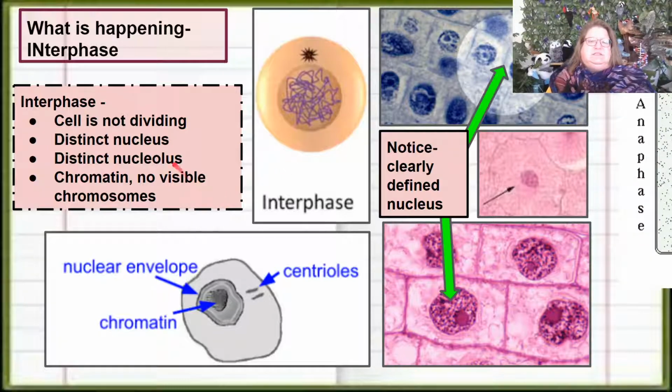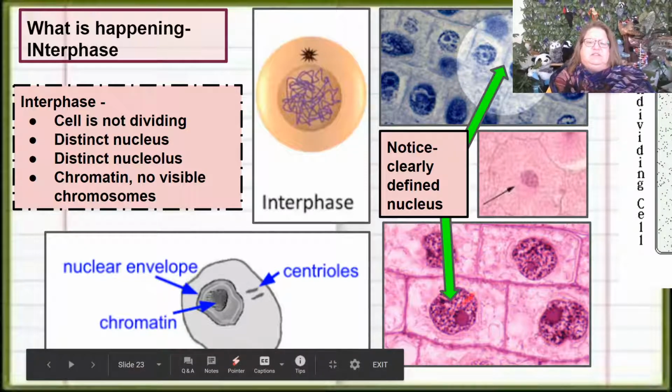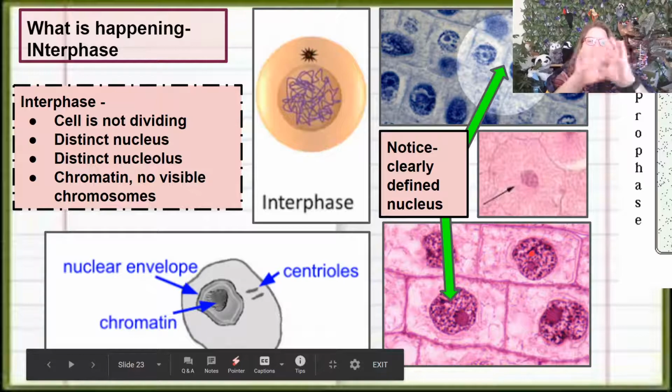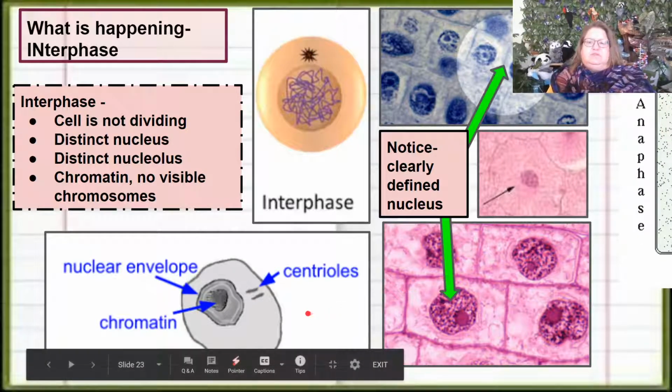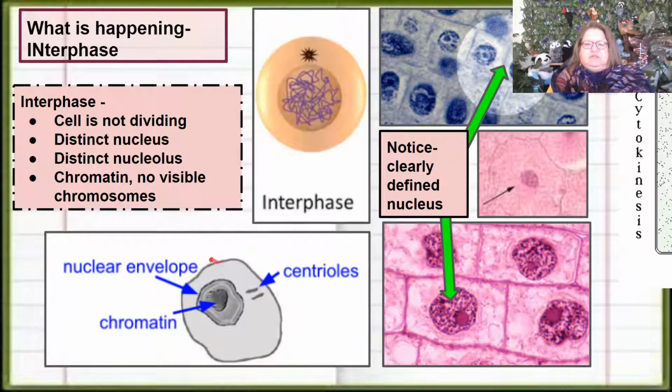All we see is this kind of mushy, indistinct chromosomes. And under the microscope, it just kind of looks like vaguely gray stuff. And that's because the chromosomes are all nice and spread out. And so that is interphase.